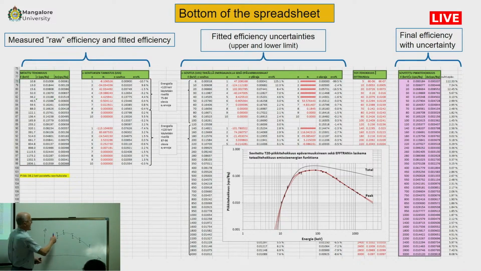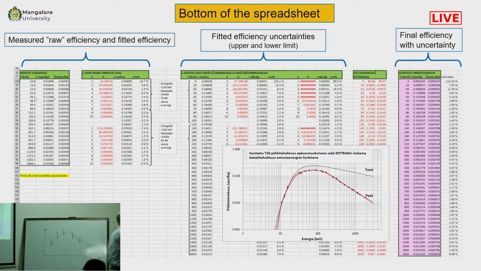Then I added these uncertainties to the measured points and made fitting using these values here, or these values down. Like this.